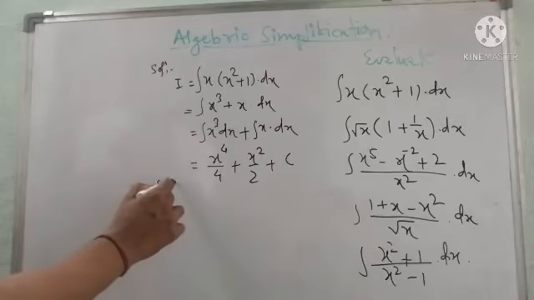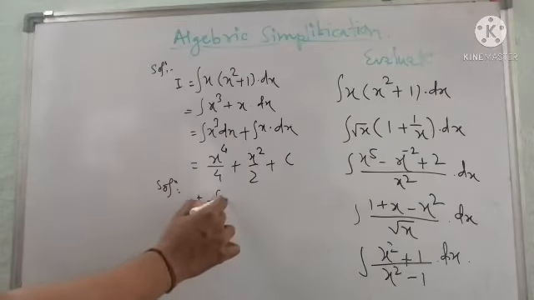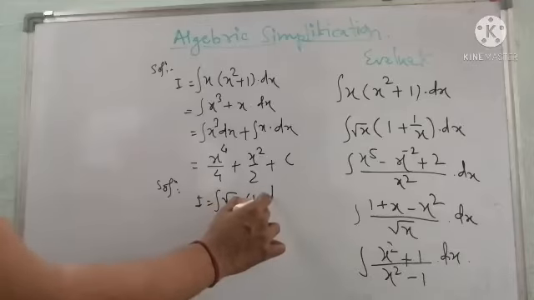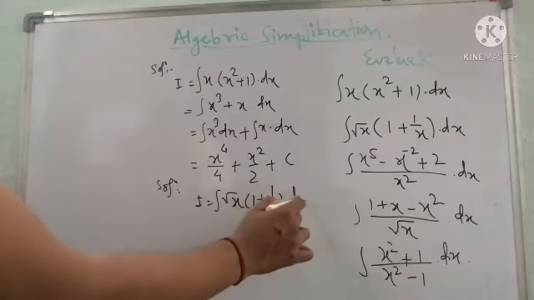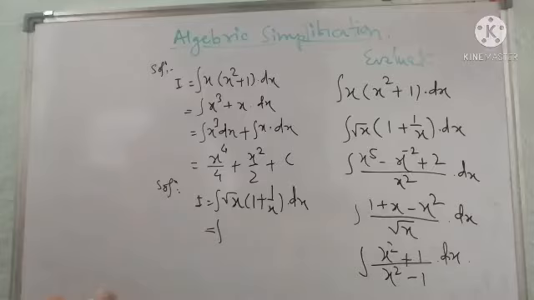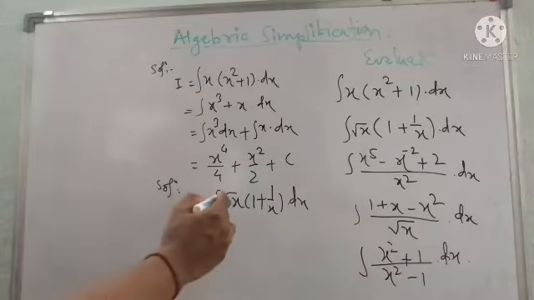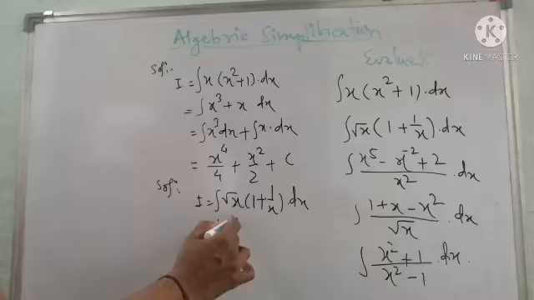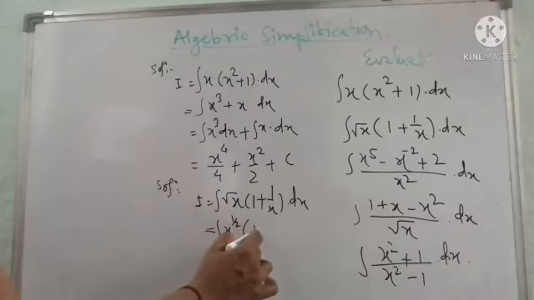Okay. Similarly, the second example is like that. In the solution, I put I is equal to the integration of root of x into 1 plus 1 upon x into dx. Now, root x is a radical sign. Its index of x is a half, so I put first simplification. Root of x is nothing but x raised to half into bracket 1 plus 1 by x.